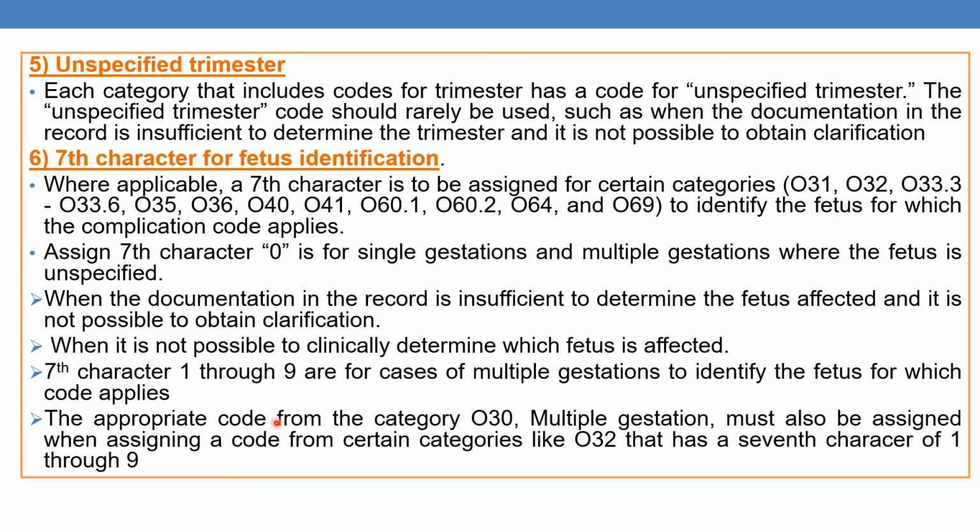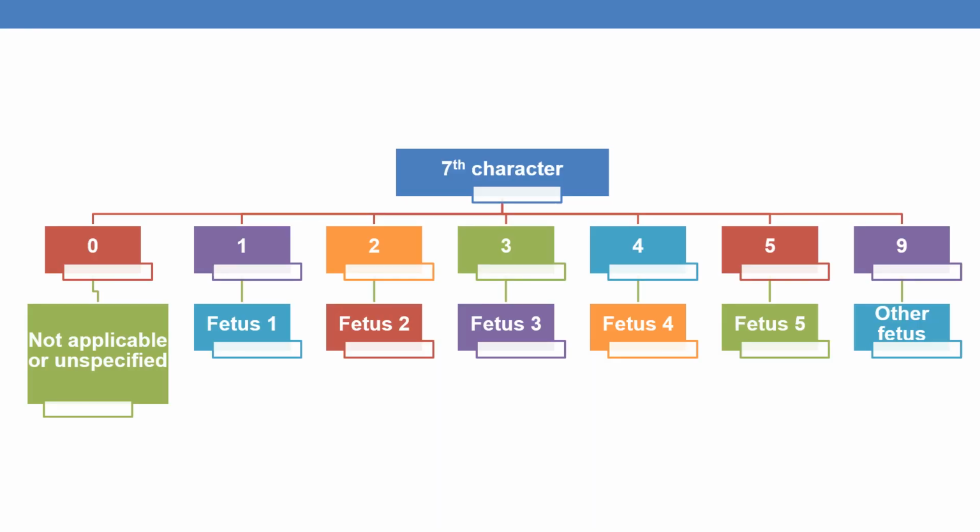Next, seventh characters 1 through 9 are for multiple gestations, to identify the fetus for which the code applies. Whenever we are employing the seventh character 1 through 9, the appropriate code from category O30, which deals with multiple gestations, should also be assigned when assigning a code from certain categories like O32 that have a seventh character of 1 through 9. You will understand if you see an example.